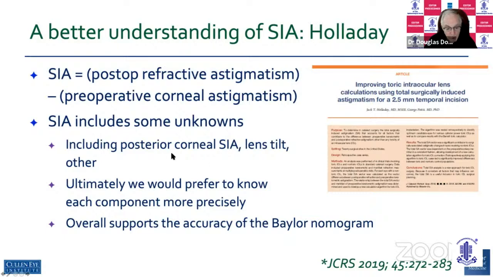Ultimately, we'd love to know what each one of these is so we can measure each precisely. But right now, we really have this kind of crude, grouped number of post-op refractive astigmatism that includes so many things, and we compare it to the pre-op. And it's interesting that the data he presented really confirmed the accuracy of the original Baylor nomogram that I published.